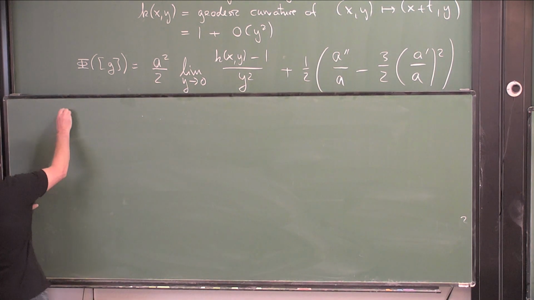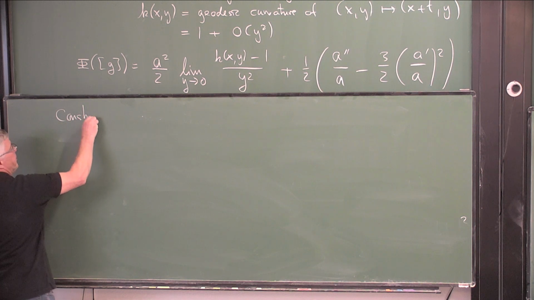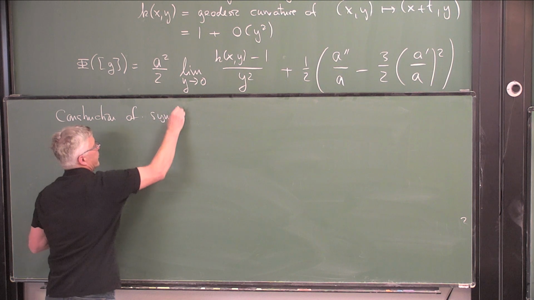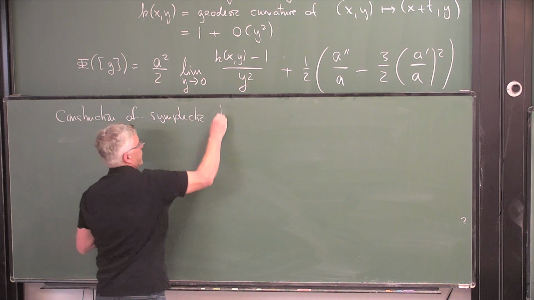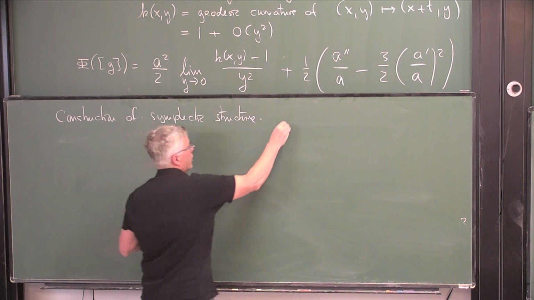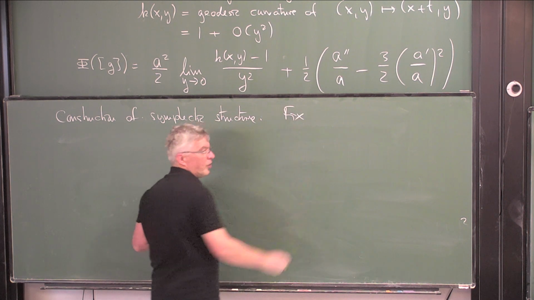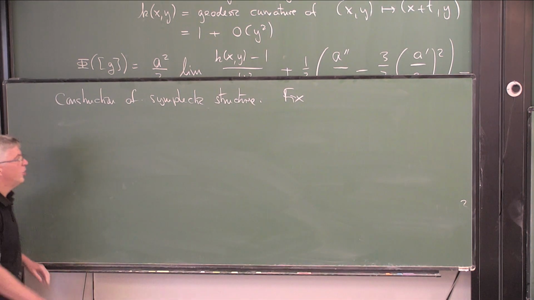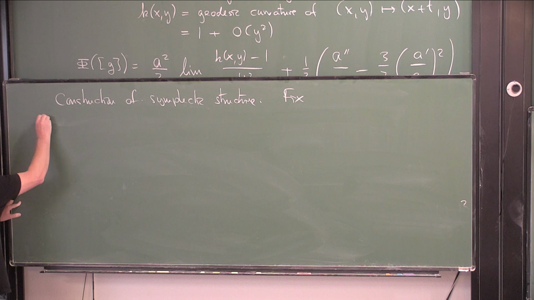Okay, construction of the symplectic structure. The first thing we fix is a principal G bundle over the surface.